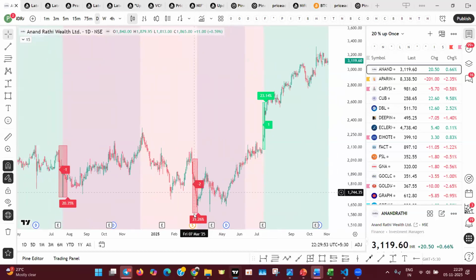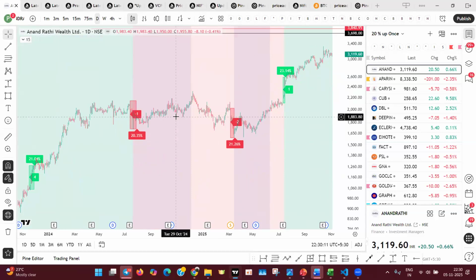You can notice when there is a one-way move of more than 20%, it creates a box. Here there was a one-way down move of 20%, another one-way down move of 20%, and a one-way up move of 20%. I'm trying to see whether this kind of screening can give stocks which are in momentum.